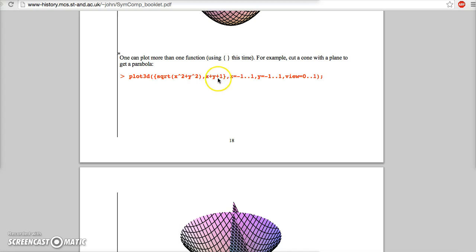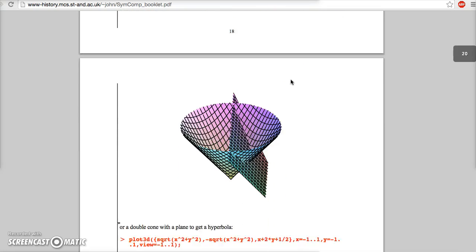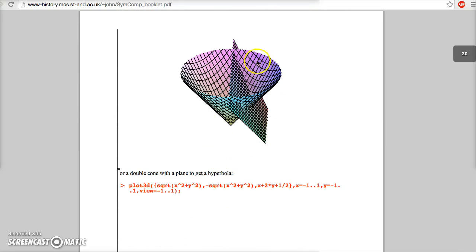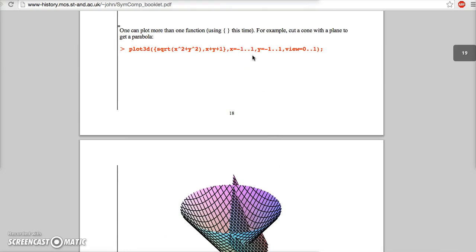So here's the input right here: square root of x squared plus y squared, comma x plus y plus 1. And then what this is saying is that the domain of x values is going from -1 to 1, and the range of y values is going from -1 to 1. And then this is the graph of that input.